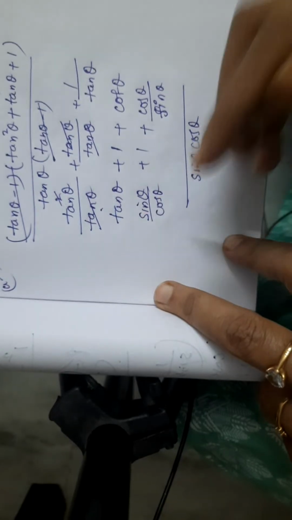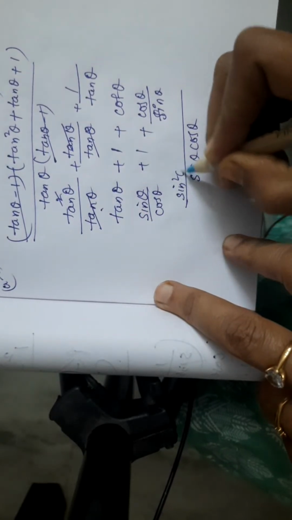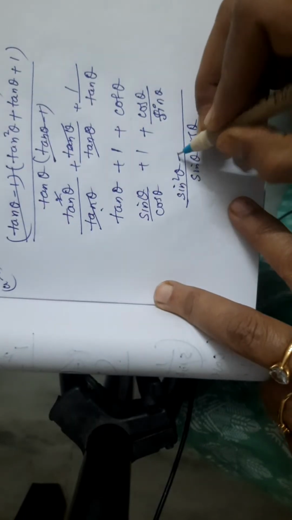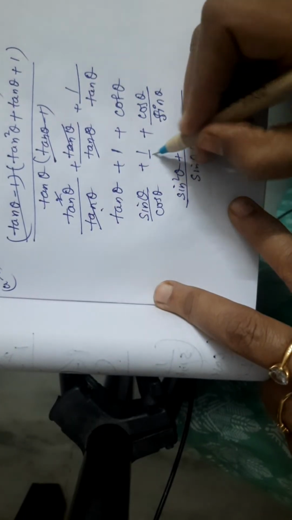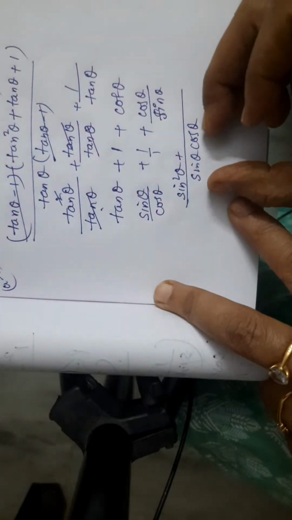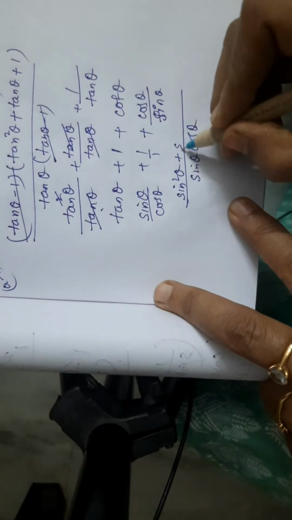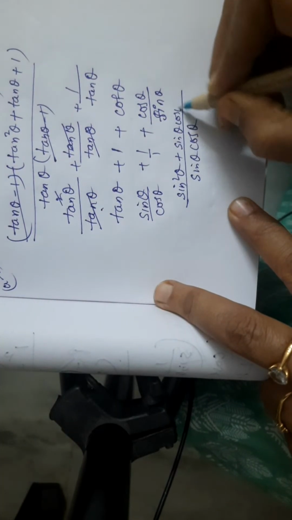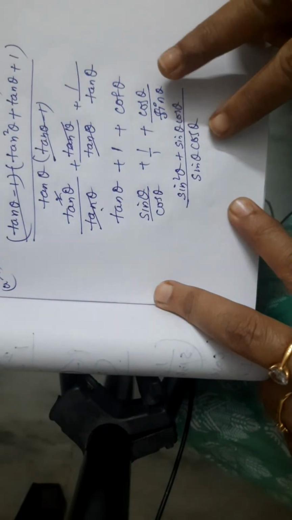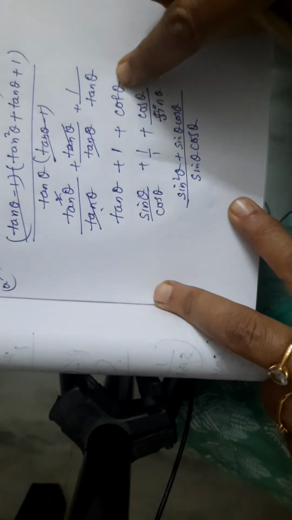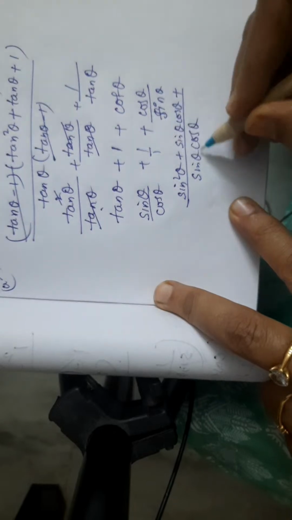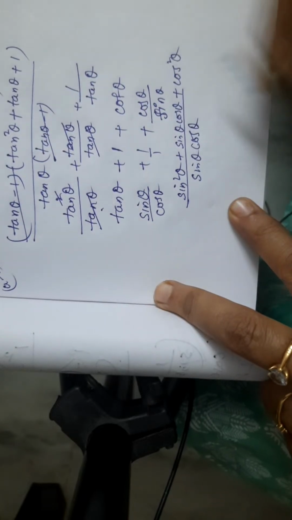Sine multiplied by sine is sine square theta. Here no denominator is there, so let it be 1. So this whole term will multiply there. Sine theta, cos theta. Here sine is there, so cos will get multiplied. Cos multiplied by cos is cos square theta.